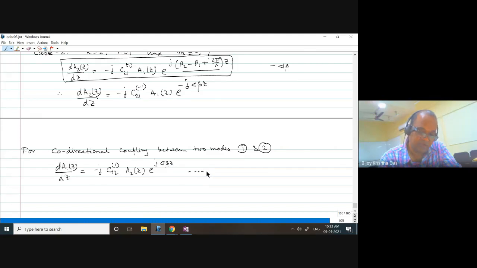So that is equation number 1, say we are writing. And then if I just see the power flow in the reverse direction, then k equal to 2, and this will be dz equal to minus j.